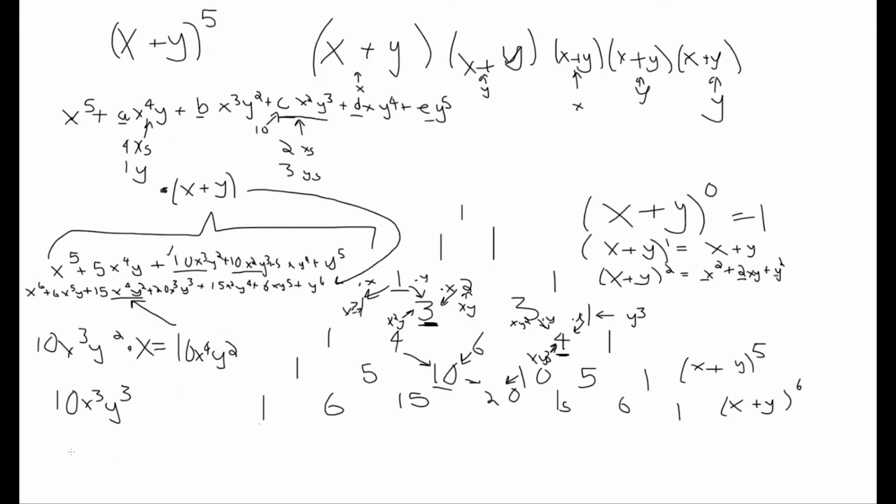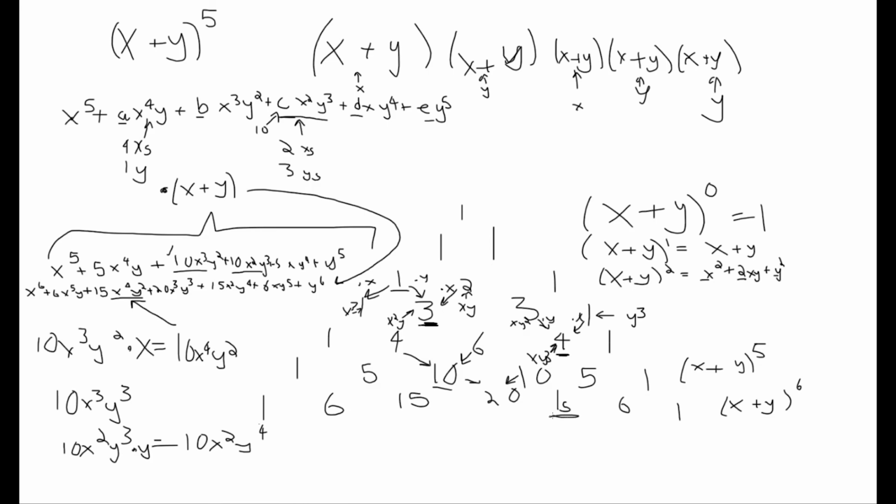This one over here, 10x squared y cubed, what's going to happen when it's multiplied by y? Well, it's going to produce 10x squared y to the 4th. So it's going to work to produce 10 of the x squared y to the 4ths.